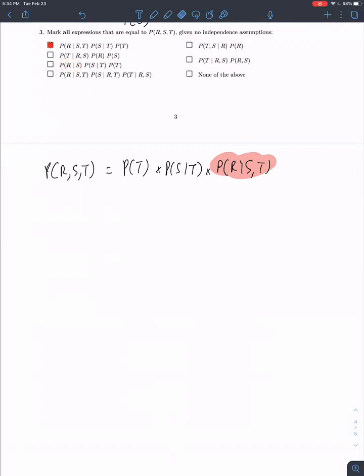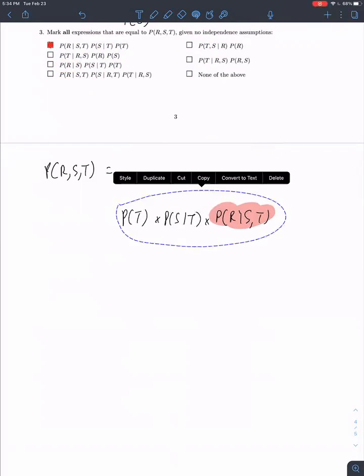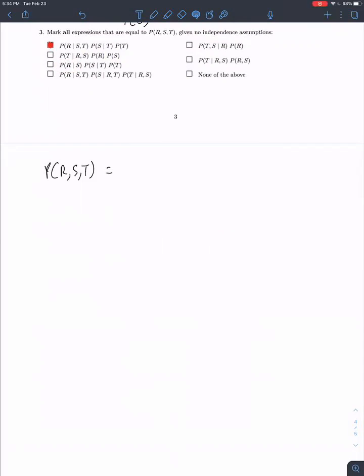So for the next round, here, probability of R given S and T, probability of S given R and T, and then probability of T given R and S. Yeah, this is a funny one. So how do you get that?